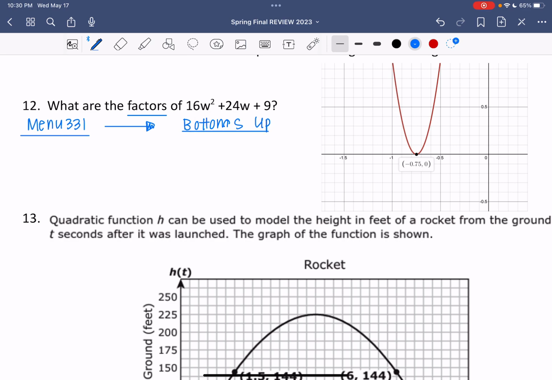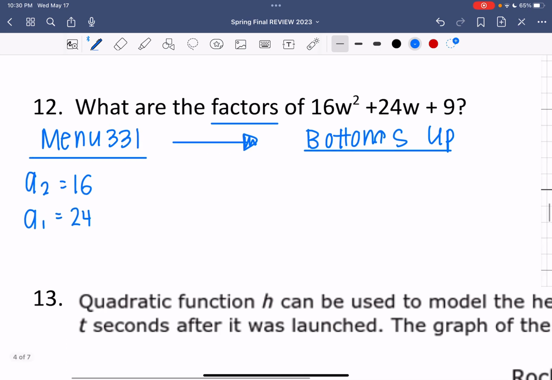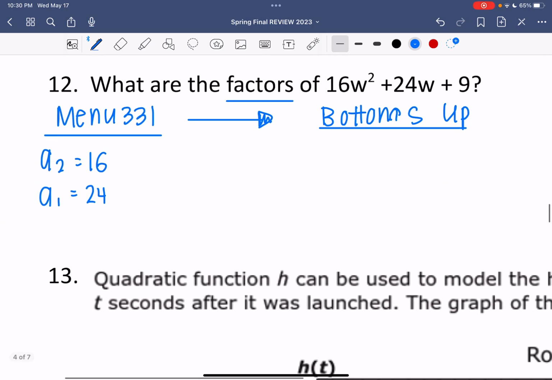In your menu 331, your first box will get a 16. Your second box will get 24. And your third and final box is 9.